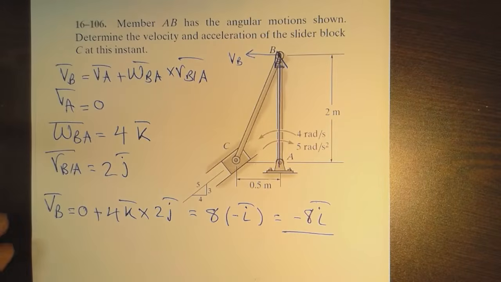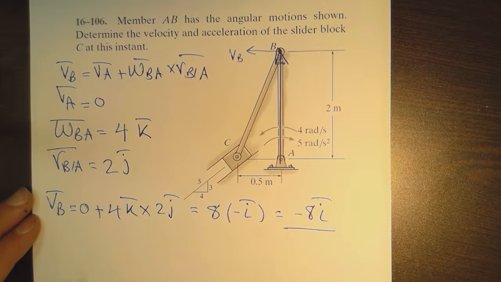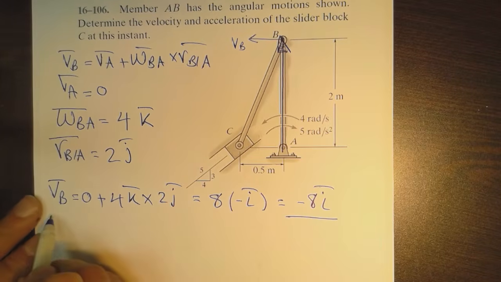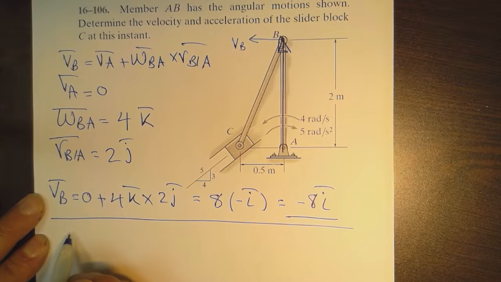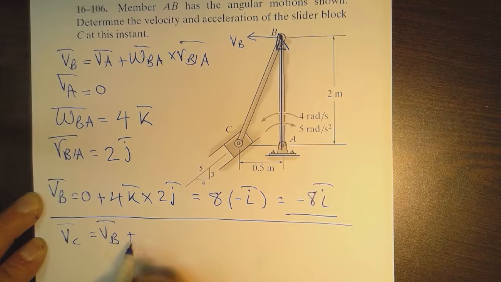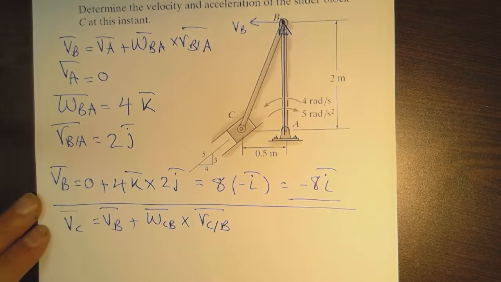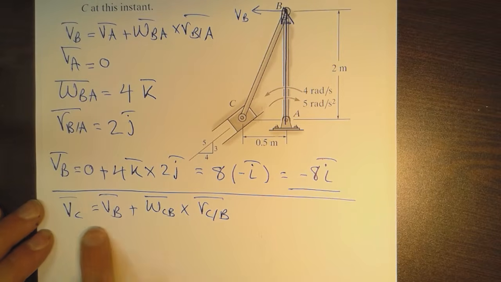Going now to calculate the velocity of this slider, we can again write the equation that we know. So we say VC is equal to VB plus omega CB cross product RC with respect to B. That's the equation that we need to deal with to calculate the velocity of C. For VB, we already know it.